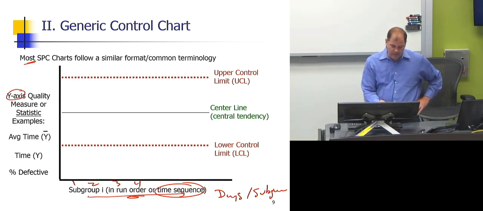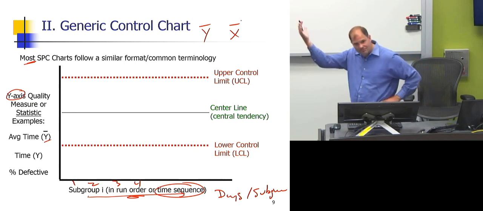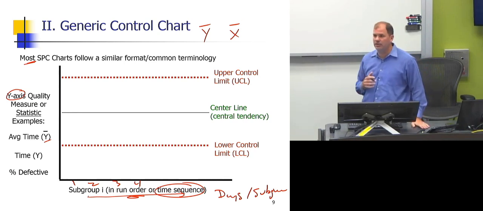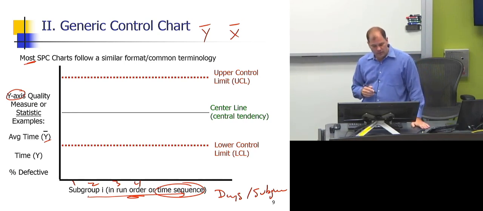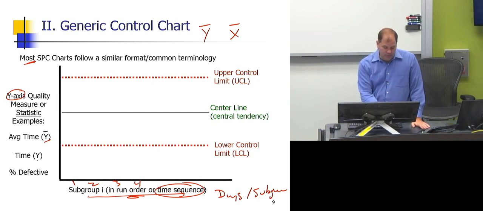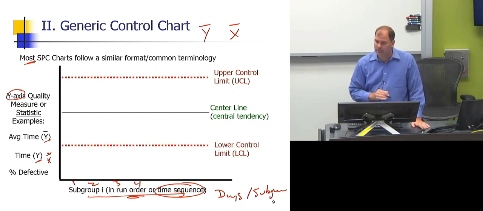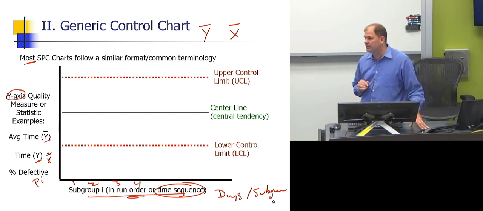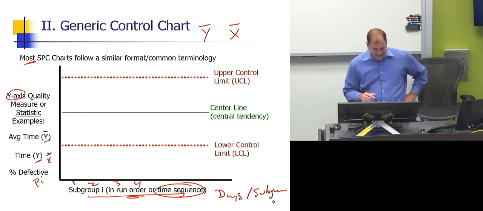What changes on a control chart is the y-axis. The y-axis could be y bar, and y bar is the same as x bar. It just depends on whatever you want to label as the variable you study. The y-axis could just be y or x. The y-axis could be a proportion, percent effective. Different charts are going to change the y-axis.